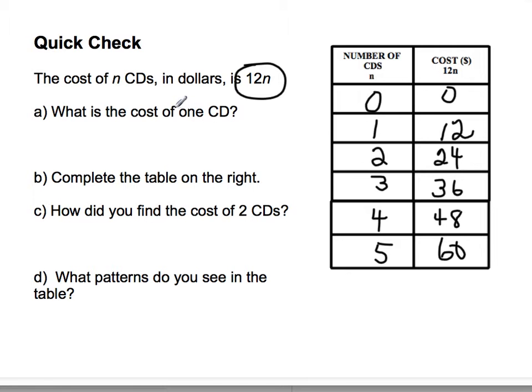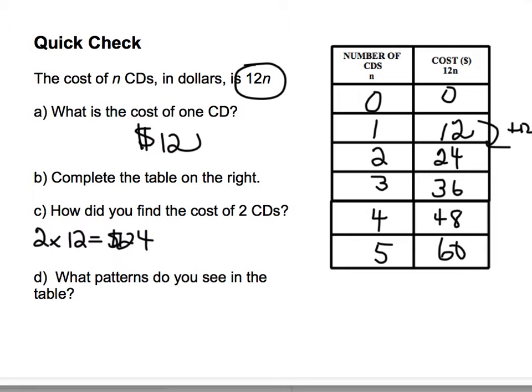Okay, so the cost of 1 CD is $12. How did you find the cost of 2 CDs? Well, there's 2 ways. You can go 2 times 12. You can use the relation, or you could just add 12 from your table.